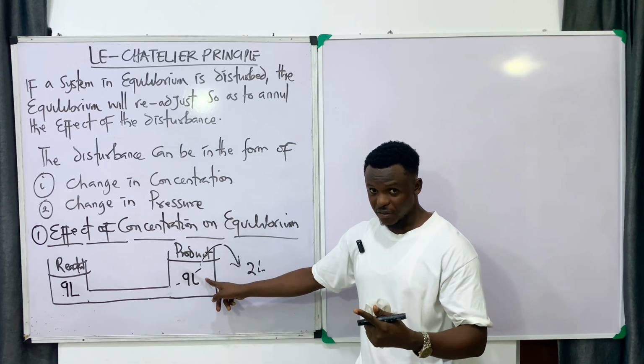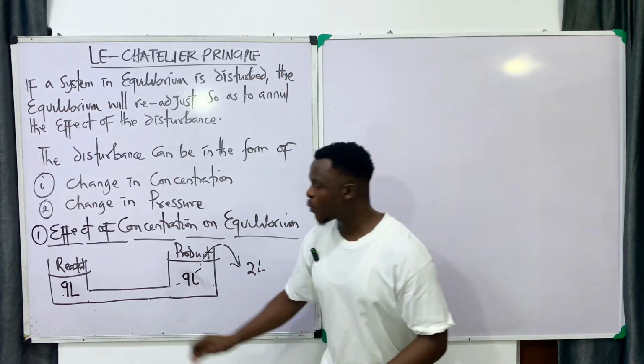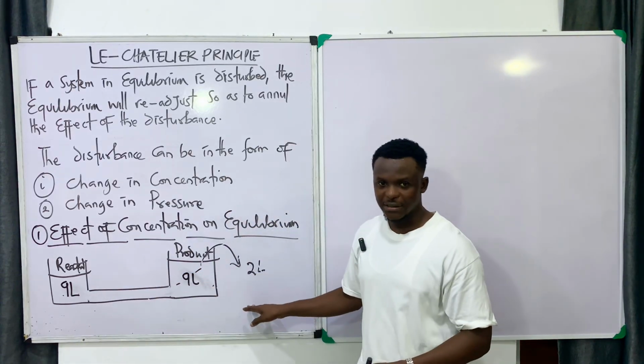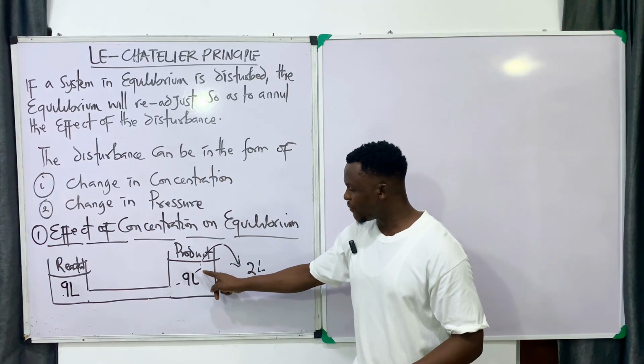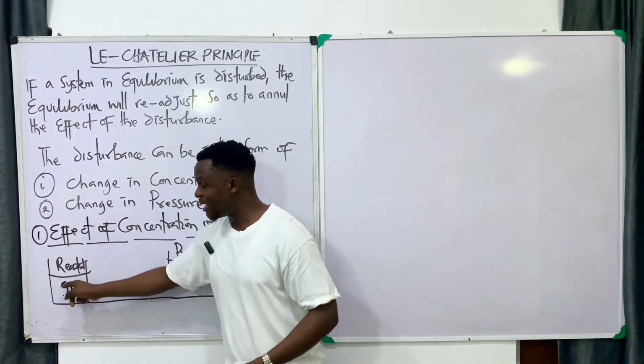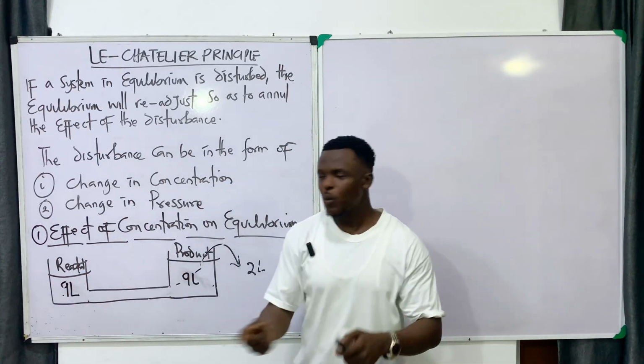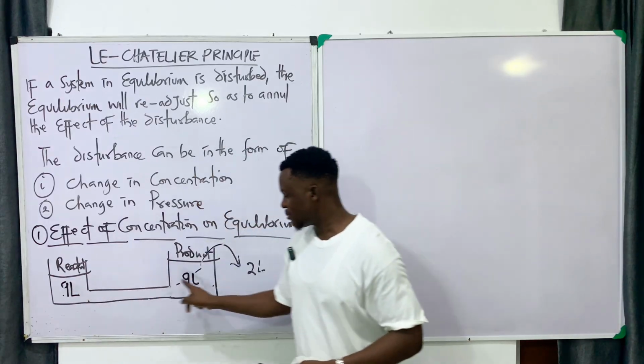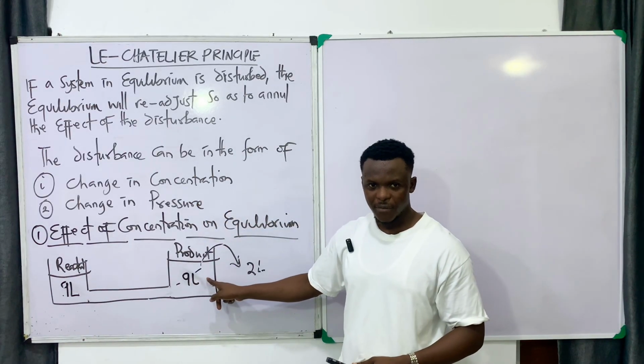I believe you're following. So two things can make water flow to the right-hand side. It's either you reduce the water level on the right or you add more water to the left. Because if you add more water to the left, that excess water will be split and some parts shifted to the right. Right?